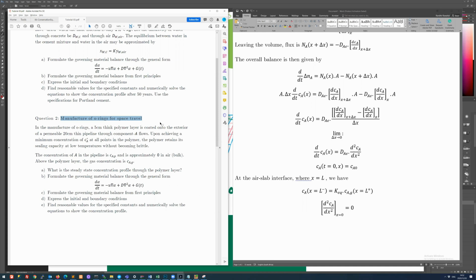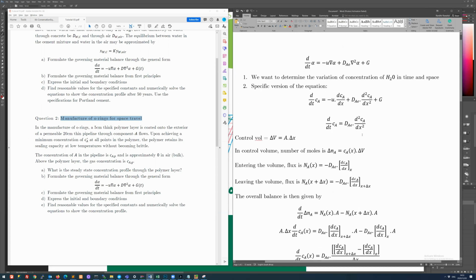So the O-rings used in that shuttle's construction were not suited for the stresses it was exposed to during that launch. And so this question is a kind of throwback to that case. I don't know whether the investigators did the kind of derivation that we are going to show now, but that's what that refers to. So O-rings and space travel, it has that kind of background now.